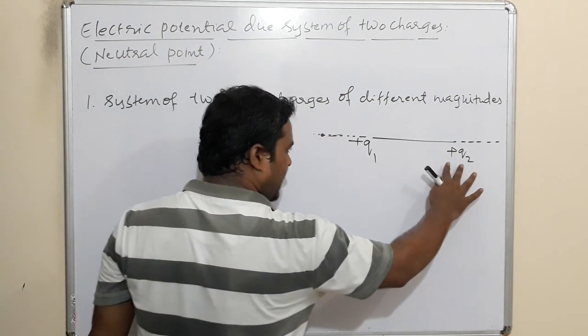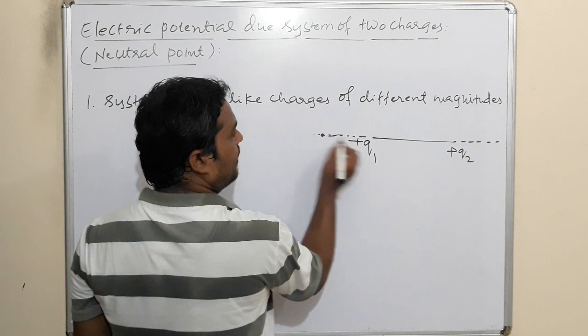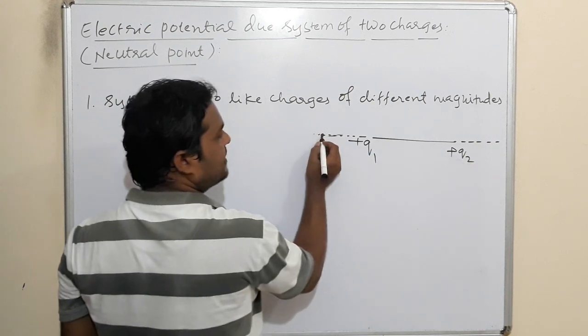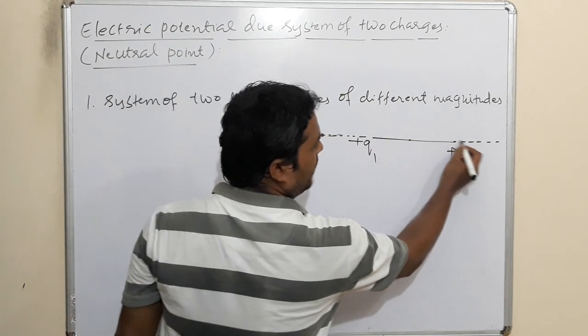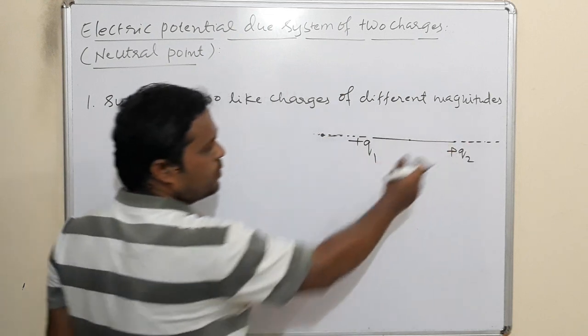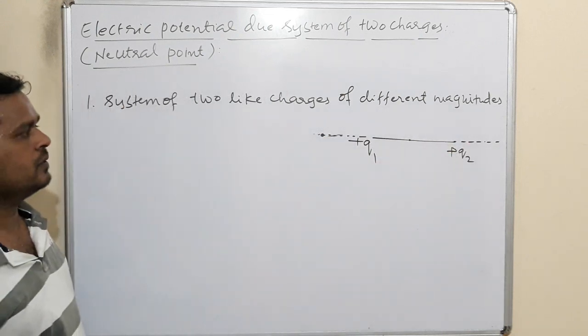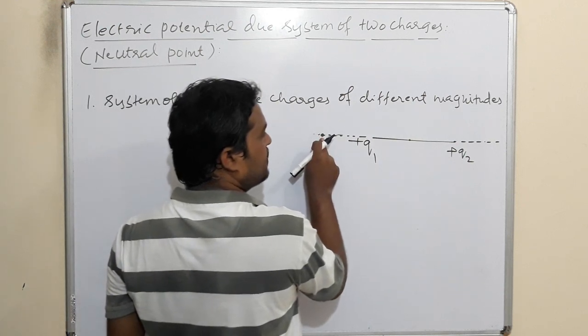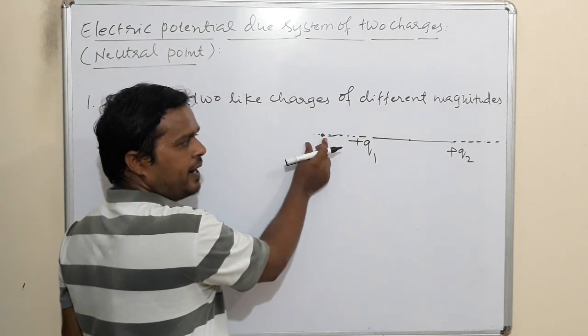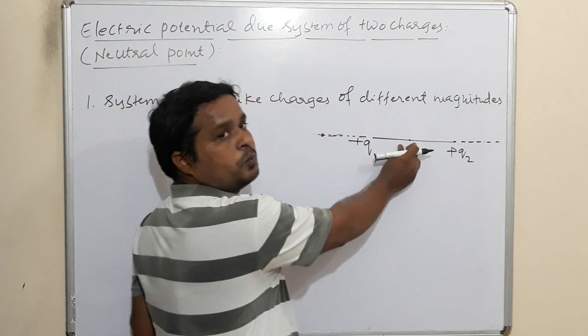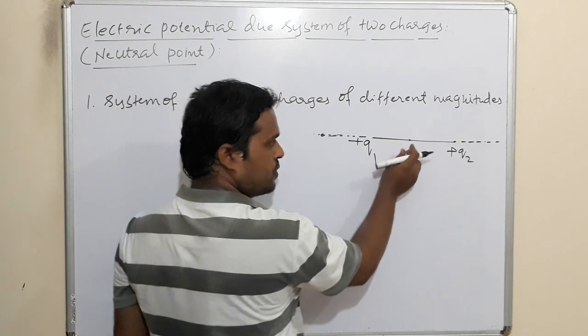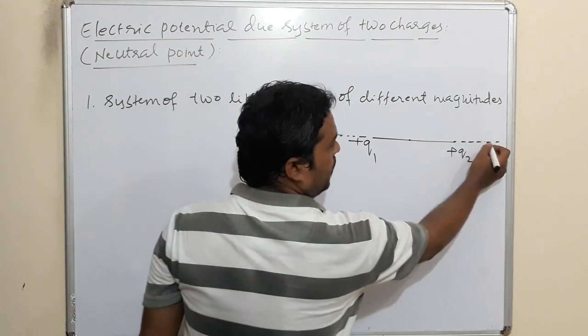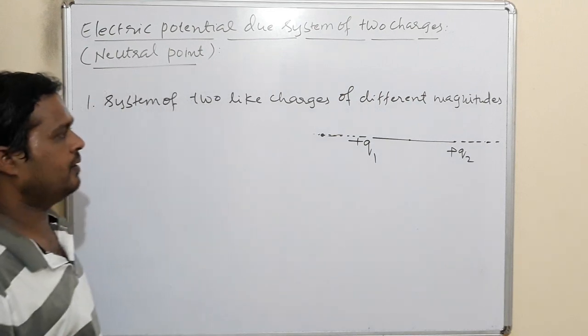Since both these charges are positive, the potentials due to both these charges at any point you take, whether inside or outside the charges, will be added. At this point also both potentials are positive, they are added. At this point also potentials will be added.